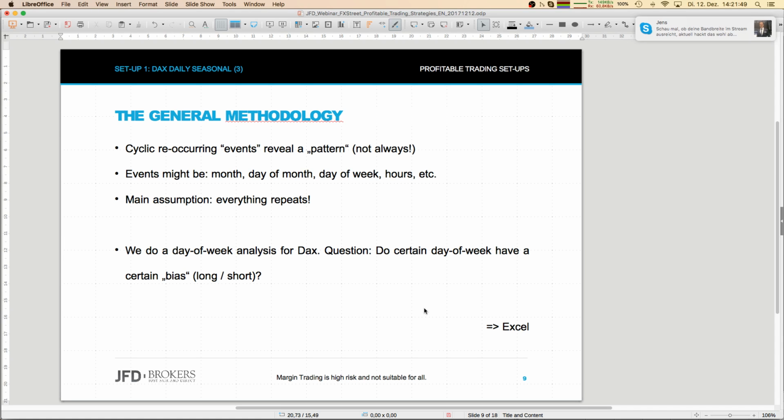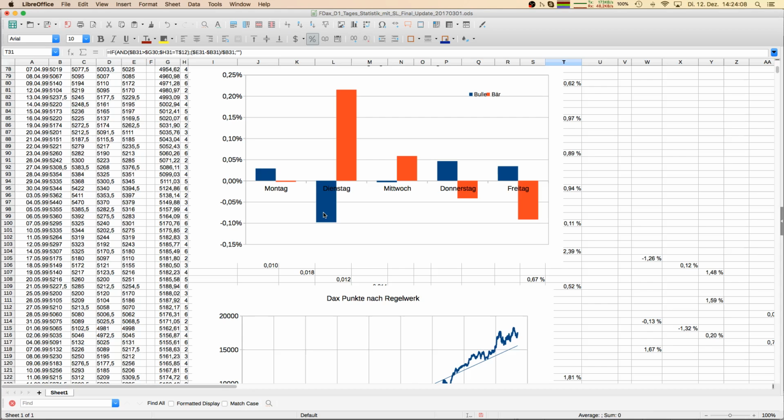So on Tuesdays, in a bull market, on average, statistically, the price goes down. On Wednesday, more or less no change. Thursday and Friday are, let's say, normal bull days. Normal bull days would mean a long position is the right decision.